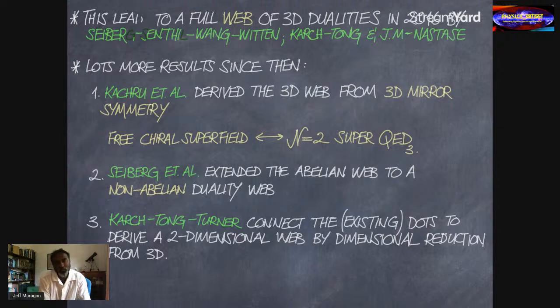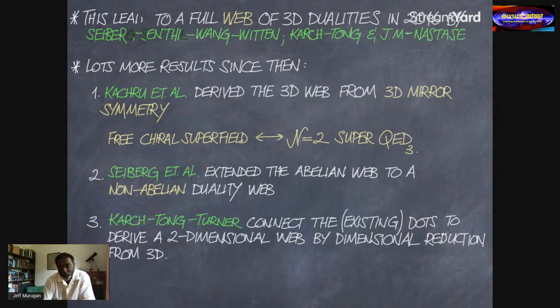And this was the extension of this abelian duality web to a non-abelian duality web, which is a much harder thing to do. In fact, one of the directions that we approached this problem from was to try and give a fully non-abelian version of particle-vortex duality, which we wrote down a couple of years before this duality web, in 2014.